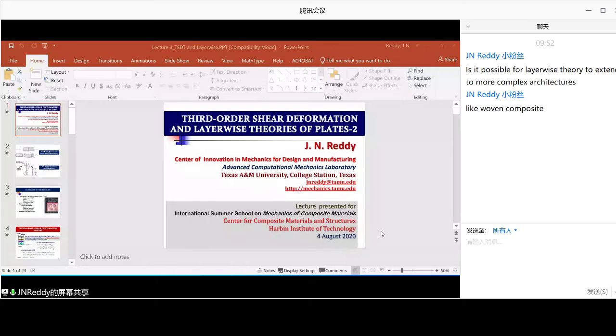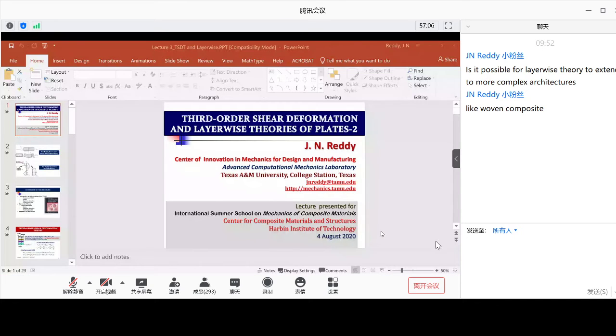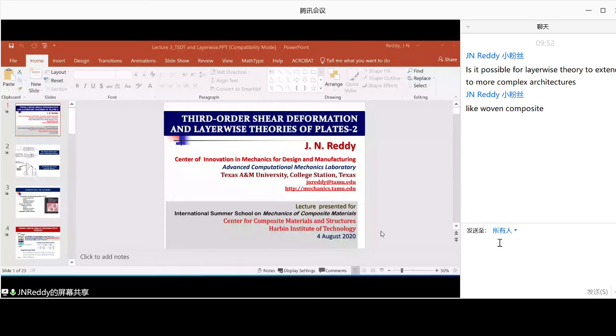Once you represent the woven composite as a layered medium, with each layer having its own properties, then layer-wise theory can be used. If it is a single layer, and the whole layer is all woven, then it is not possible to use layer-wise theory. You can use it, but with one layer, you have to do the 3D analysis within the layer, which is equivalent to using 3D elements.